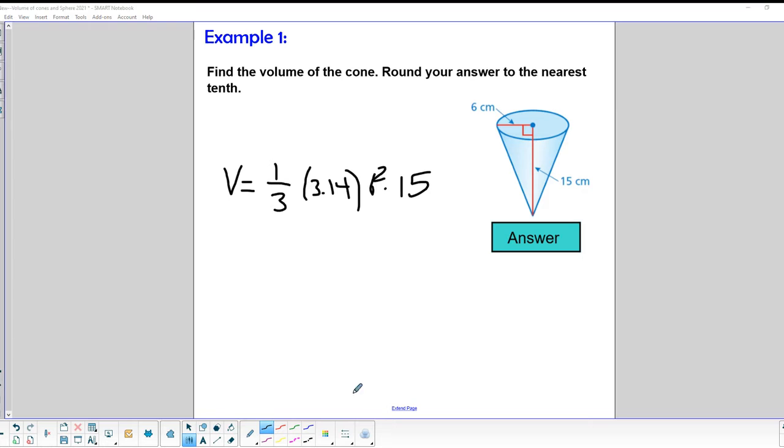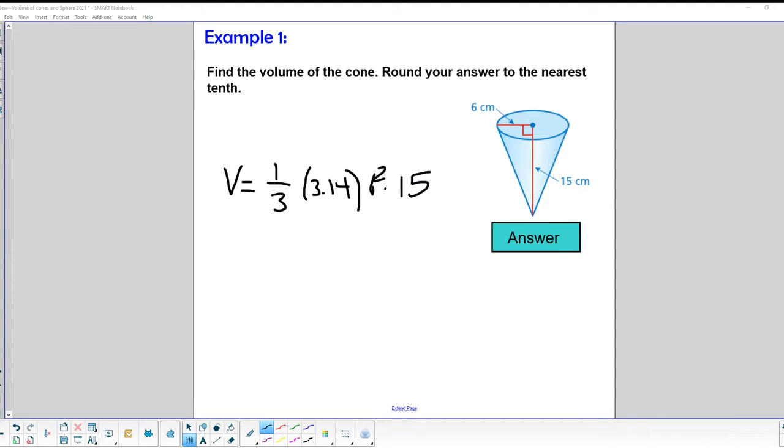Get our calculator going. This is a little different than some of our calculators, but for 1/3, I'm going to do 1 divided by 3 equals, times that by 3.14, which is our pi value, and then times that by 6 squared, and that's going to equal 37.68.